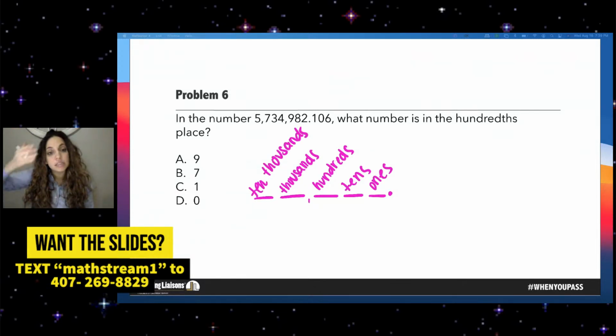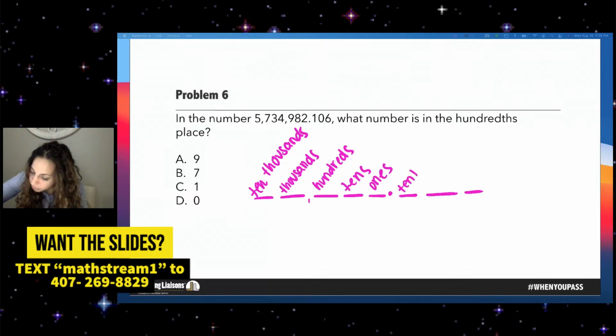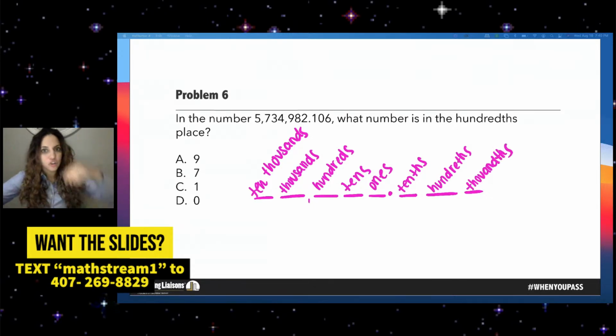On the right of our decimal are going to be our decimal numbers. So this is going to be our tenths, our hundredths, our thousandths, 10,000ths, 100,000ths.